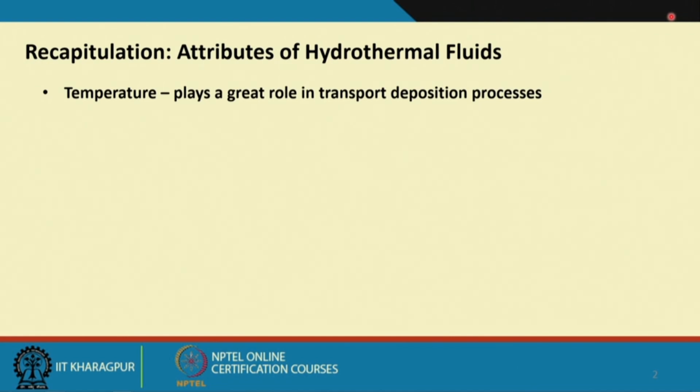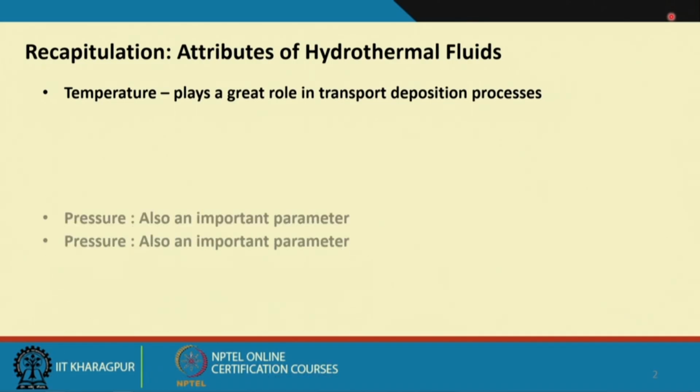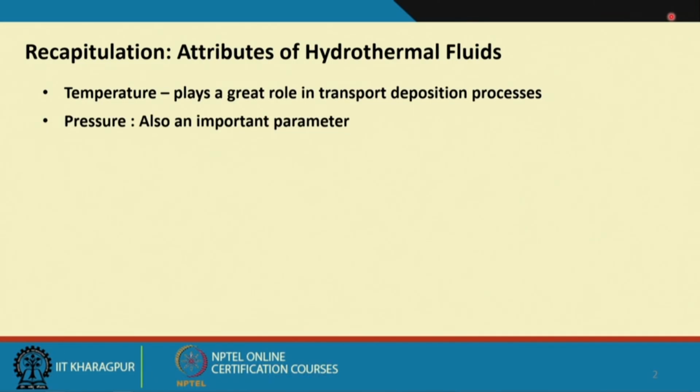Further, we would again see some of the other important attributes of hydrothermal fluid, which is pressure. Pressure is also an important parameter, although in many low temperature conditions, surface operated processes which are governed by solubilities of different elemental metallic species, anionic and cationic species in the fluid, are rather insensitive to variation of pressure.